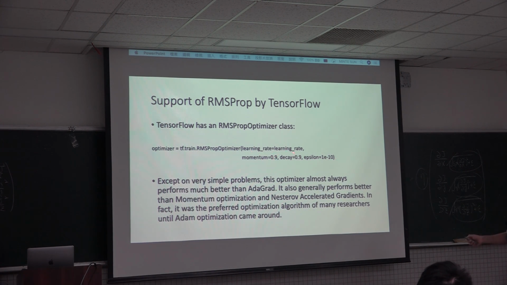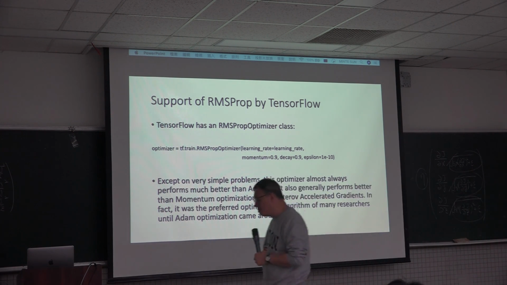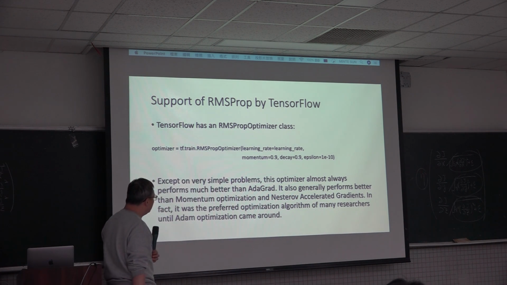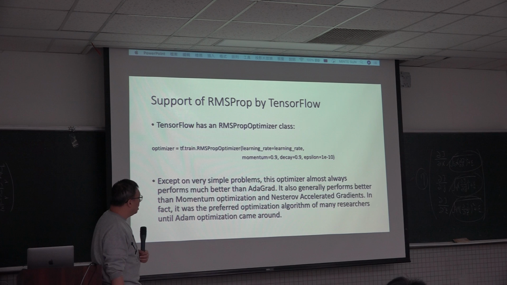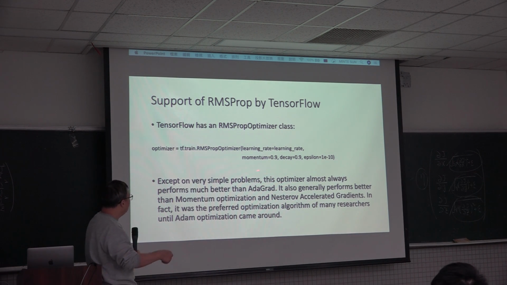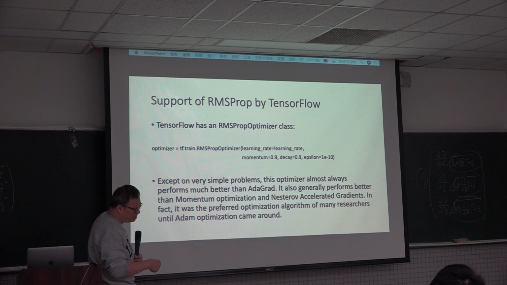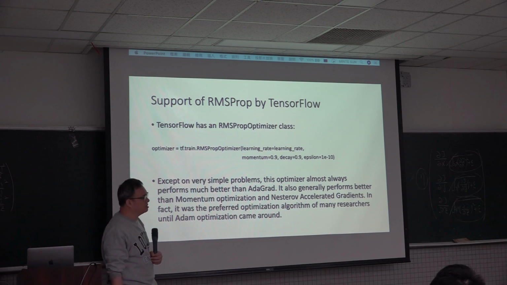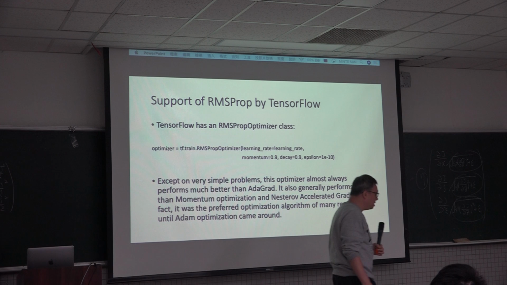Here we pretty much put the default values. Basically RMSProp performed very well compared with all the optimizers we have talked about. Actually, before the Adam optimizer came out, RMSProp used to be the best optimizer, and in the past a lot of people just used RMSProp as the optimizer.